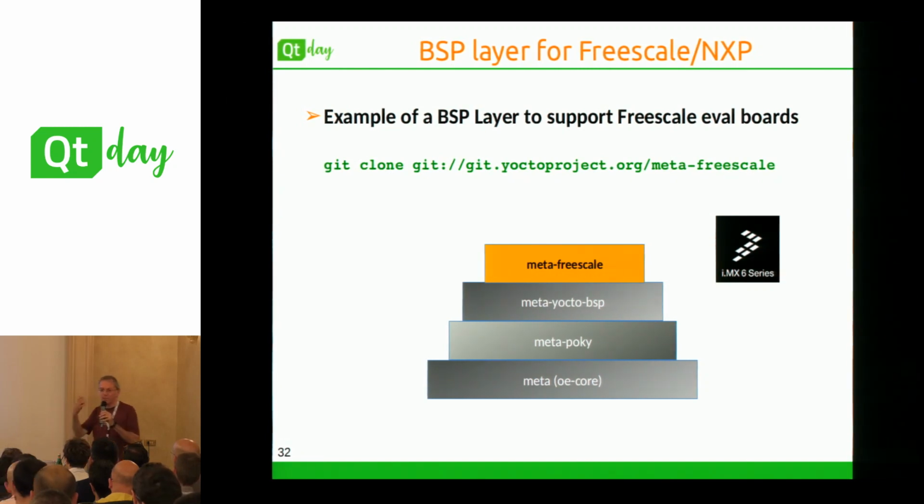If I want to use other components, like for example Toradex, which is a third party, you have meta-freescale-3rdparty. And you find inside this layer all the components pre-configured, offering you the possibility to build the BSP out of the box.